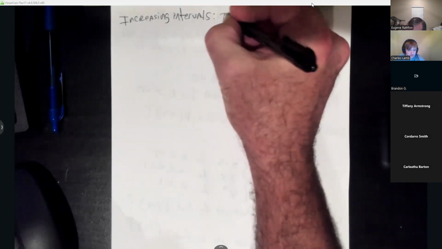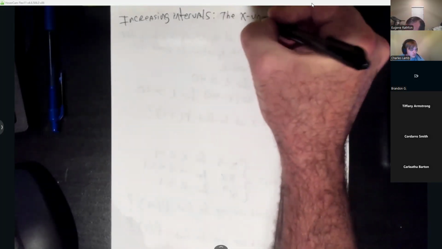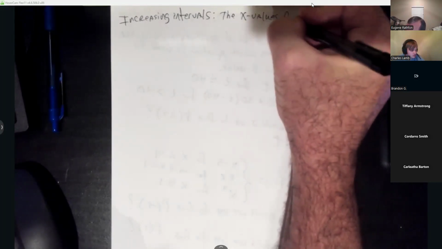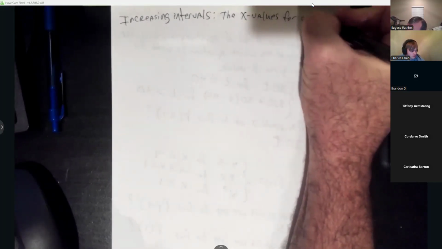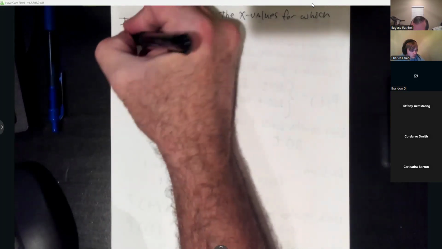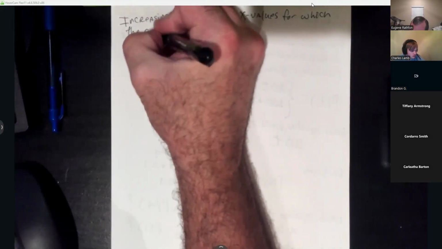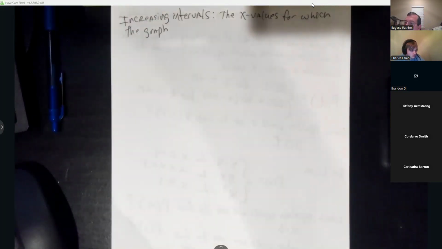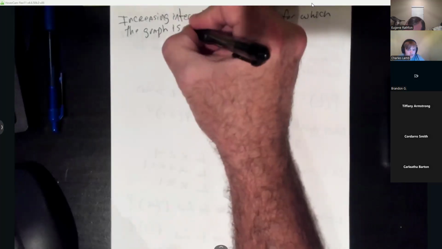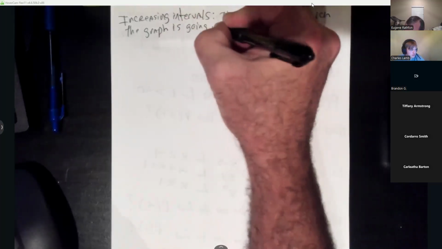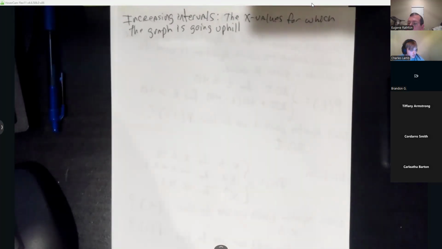Now, when I talk about increasing intervals, decreasing intervals, and constant intervals, I'm worried about the x values. So this is the x values for which the graph is going uphill from left to right.